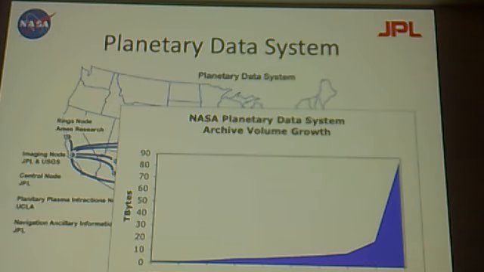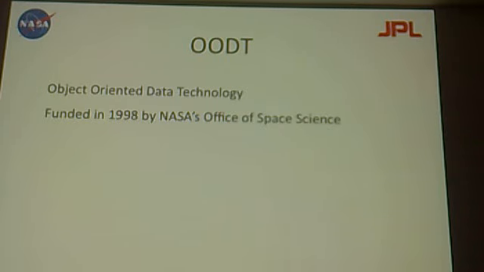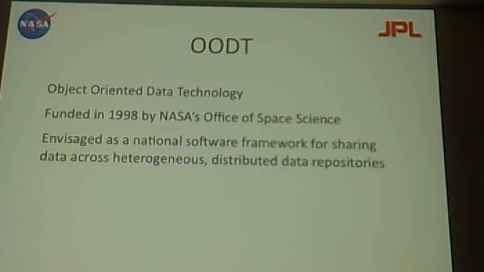So again, these are the challenges that we're facing, and how we chose to address this is with something called OODT, or Object-Oriented Data Technology. It's a research task funded internally at NASA, and it was started in 1998. And basically, it was, at its start, a software framework for sharing data across these distributed archives.